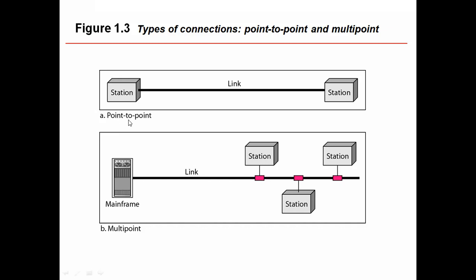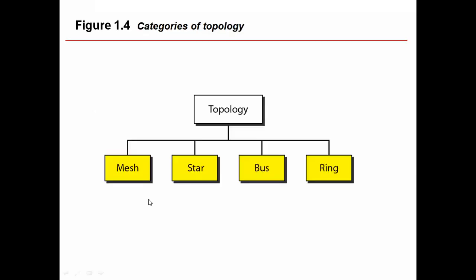This is called point-to-point connection. Multi-point means we have one server that can send data to all the stations, or a station can reply back to the server. This is called multi-point.